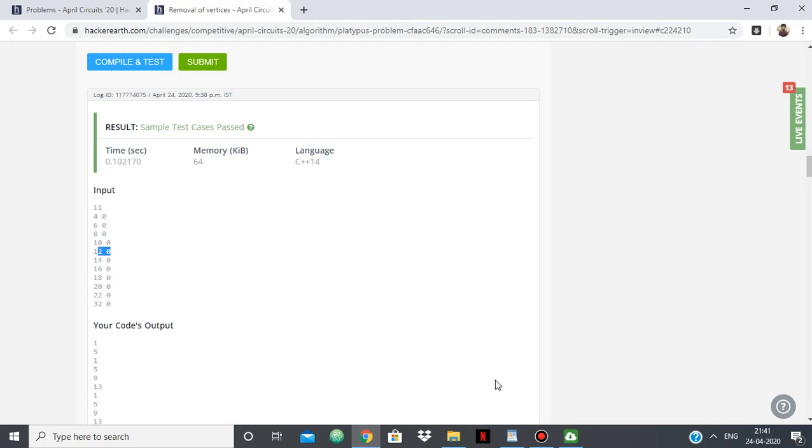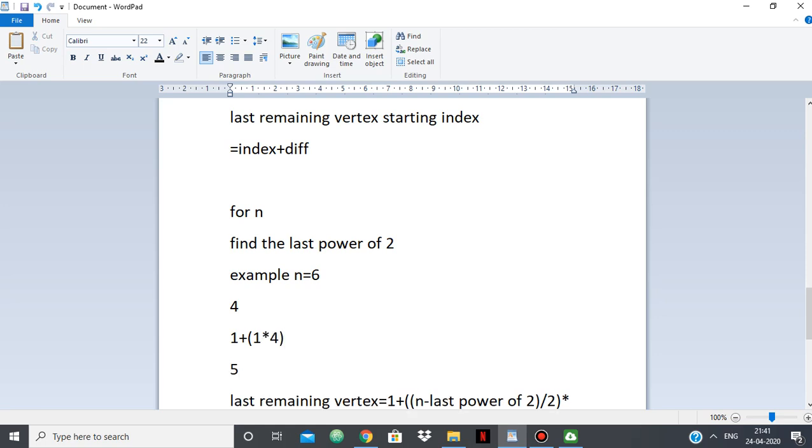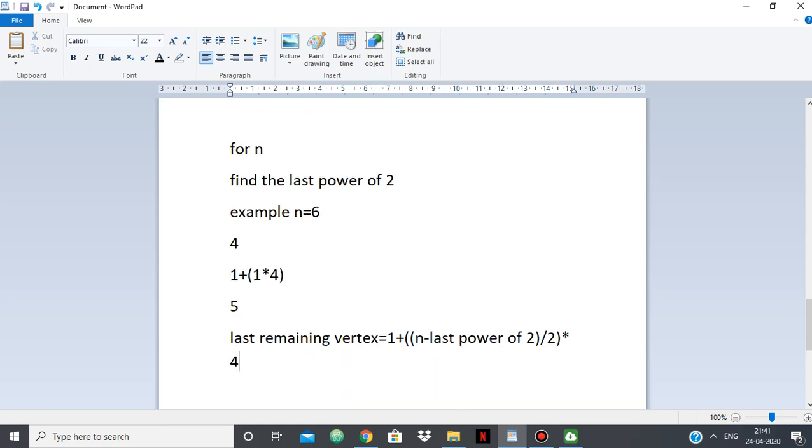So let's see for 6 if the formula works or not. For 6 the last power of 2 is 4. So its position from the last power of 2 is 6 minus 4 by 2, which is 1. So 1 plus 1 into 4 gives me 5. So last remaining vertex is 5 for 6.